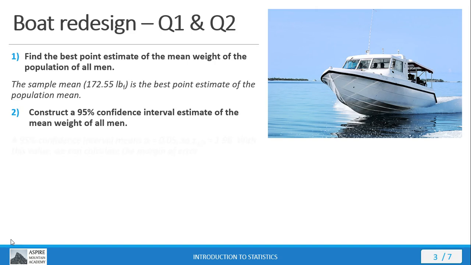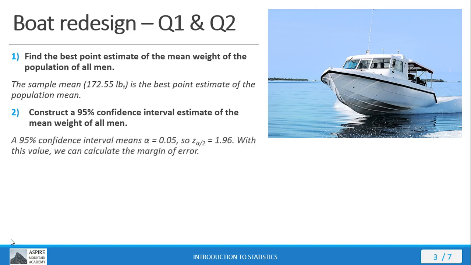To construct a 95% confidence interval, we recognize that alpha, our significance level, is 5%. So our critical value z-score is going to be 1.96. Why are we calculating a z-score, not a t-score?